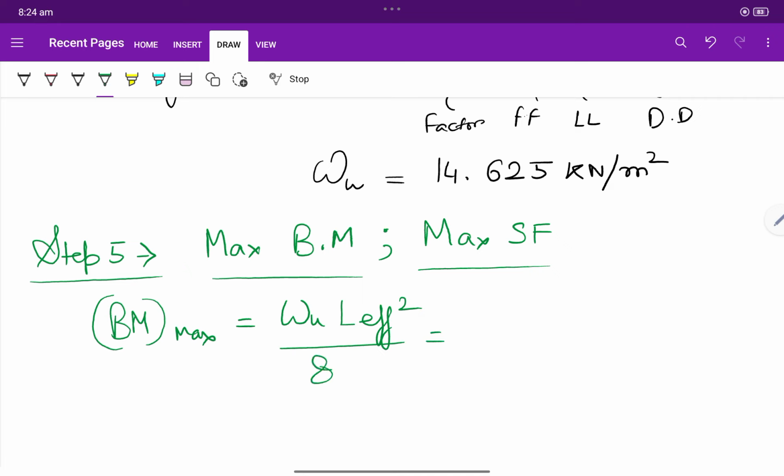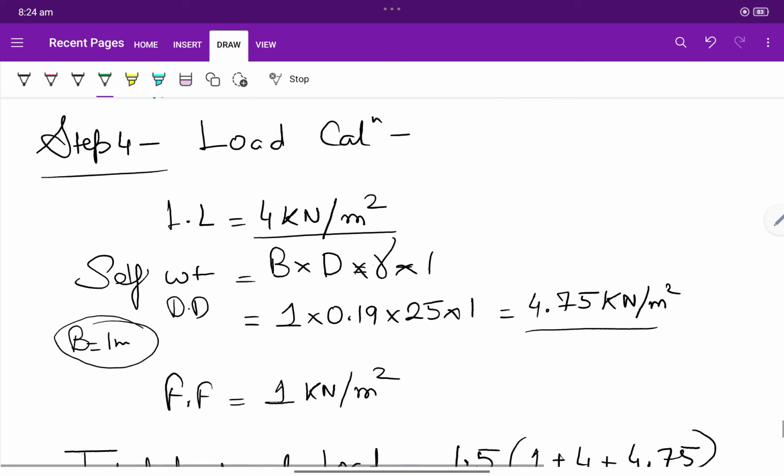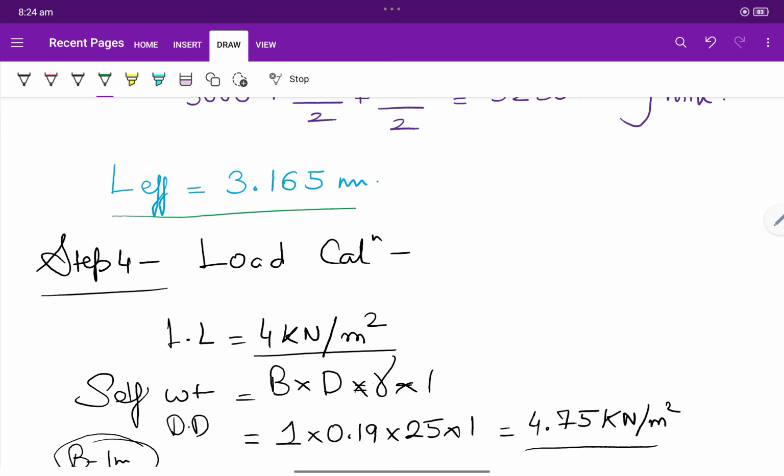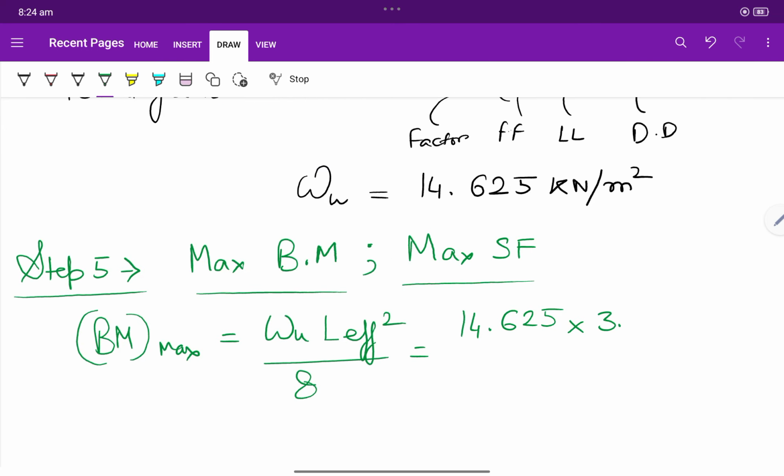So Wu is 14.625 into L effective, which is 3.165, squared, divided by 8.